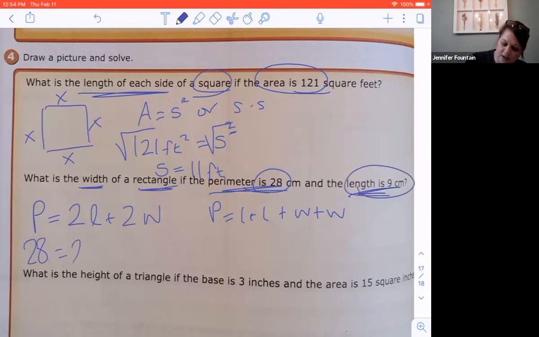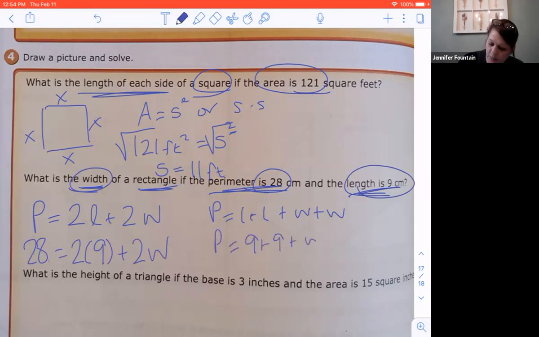So I've got 2 times 9 right here. I'm trying to find the width, so I'm going to have plus 2w. Over here, I could say P is equal to 9 plus 9 plus w plus w. I'm going to end up eventually getting to the same exact thing. So here I've got P is equal to 18 plus 2W.